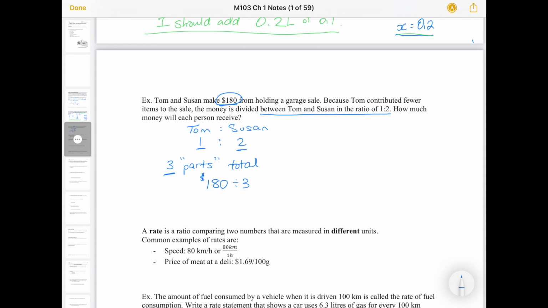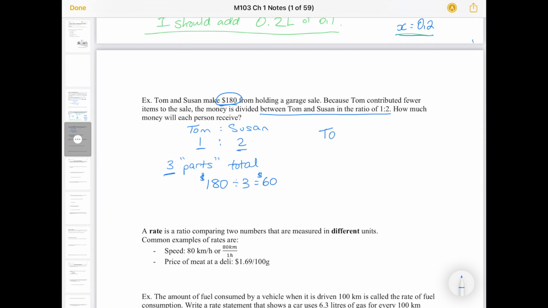Right? I need to find out how much is going to be in 1 part. And 180 divided by 3 is $60. So that means that each part is $60.